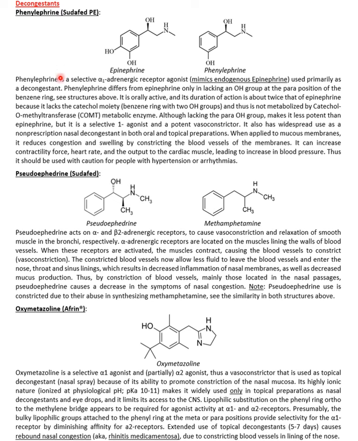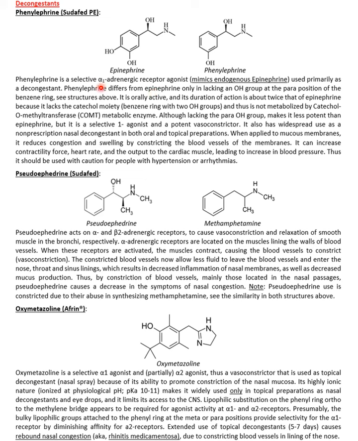Decongestants work through the activation of the alpha receptor, mainly the alpha-1 receptor. They cause vasoconstriction, leading to inhibiting the release of plasma fluids into the nasal sinuses, and thus reduce the congestion.